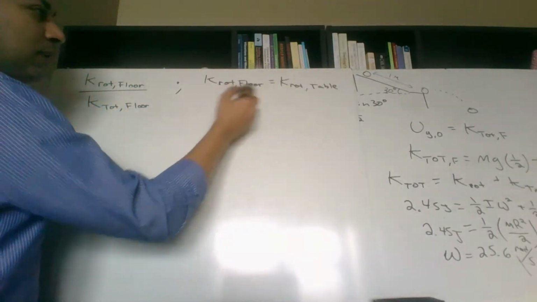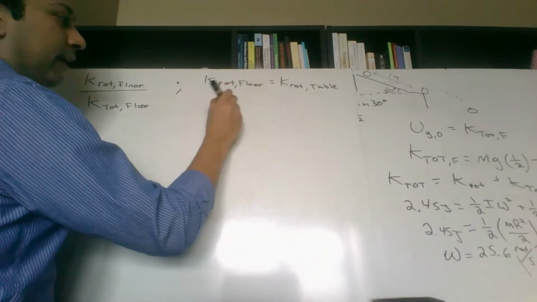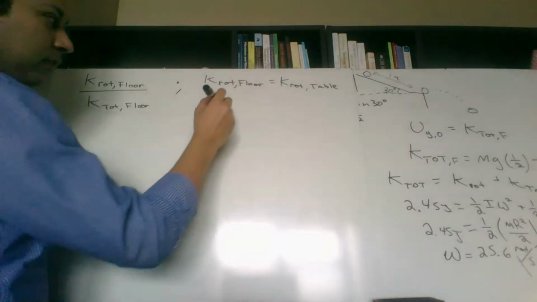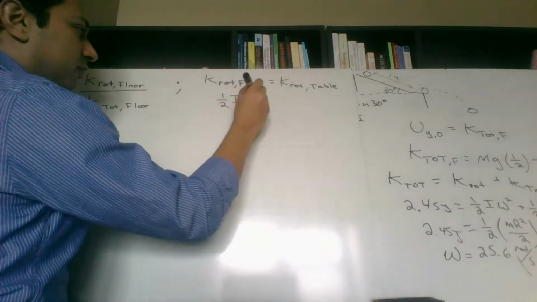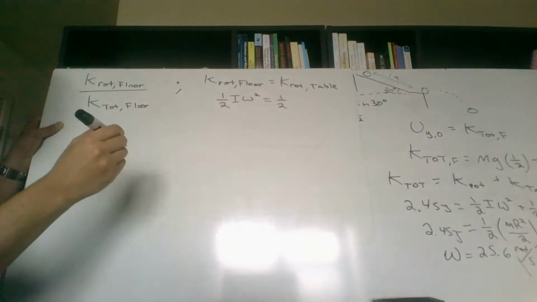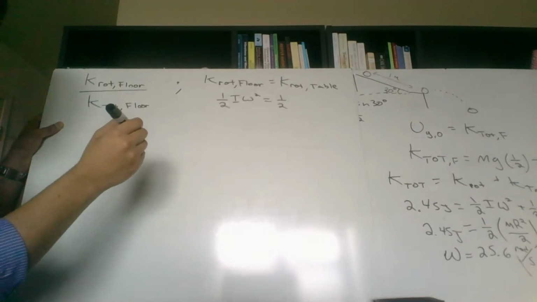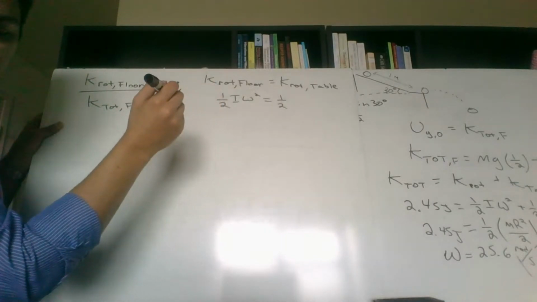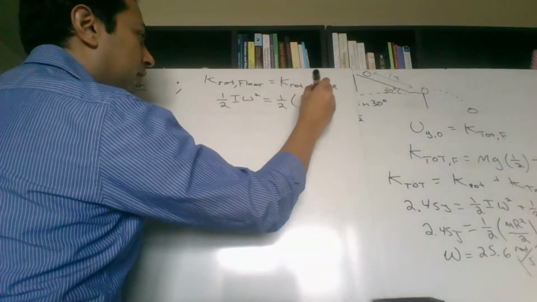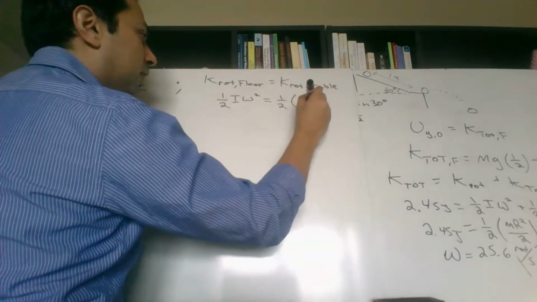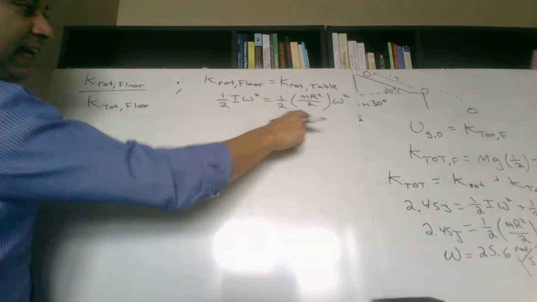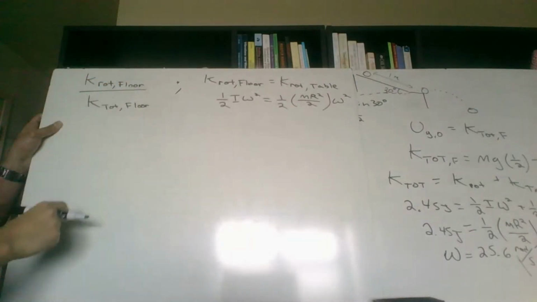And the kinetic energy when it left the table is equal to 1/2 I omega squared, and that's going to equal 1/2 mr squared over 2 times omega squared. So that is this top part right here.